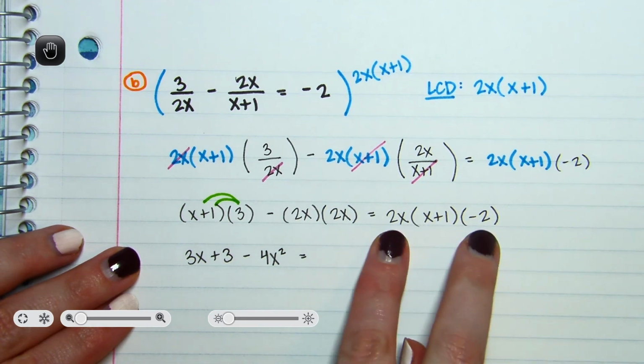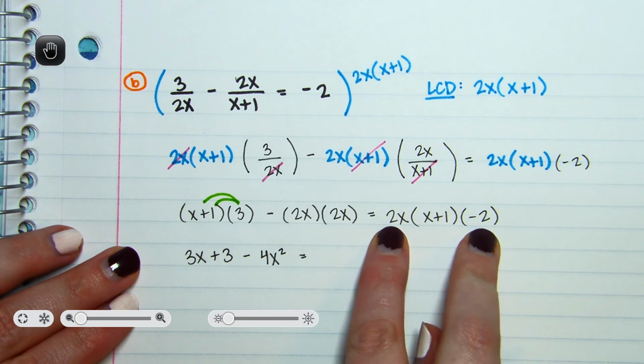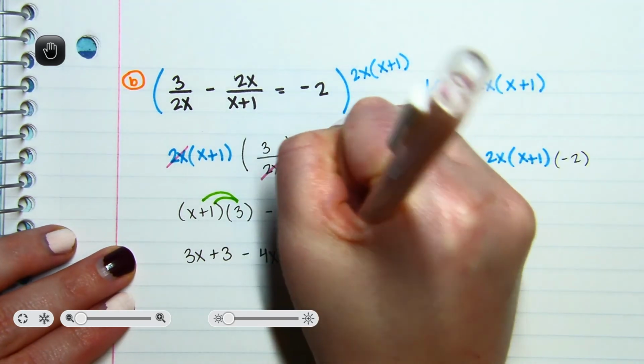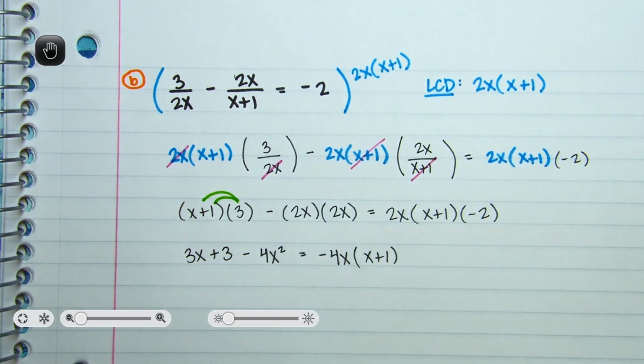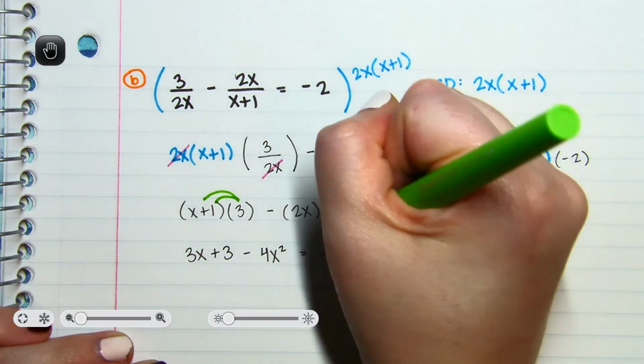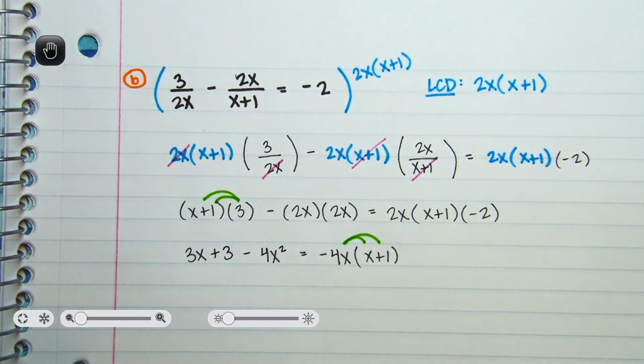What I'm going to choose to do is multiply the 2x times negative 2 and put negative 4x times x plus 1 and then distribute, because then I only have to distribute once.